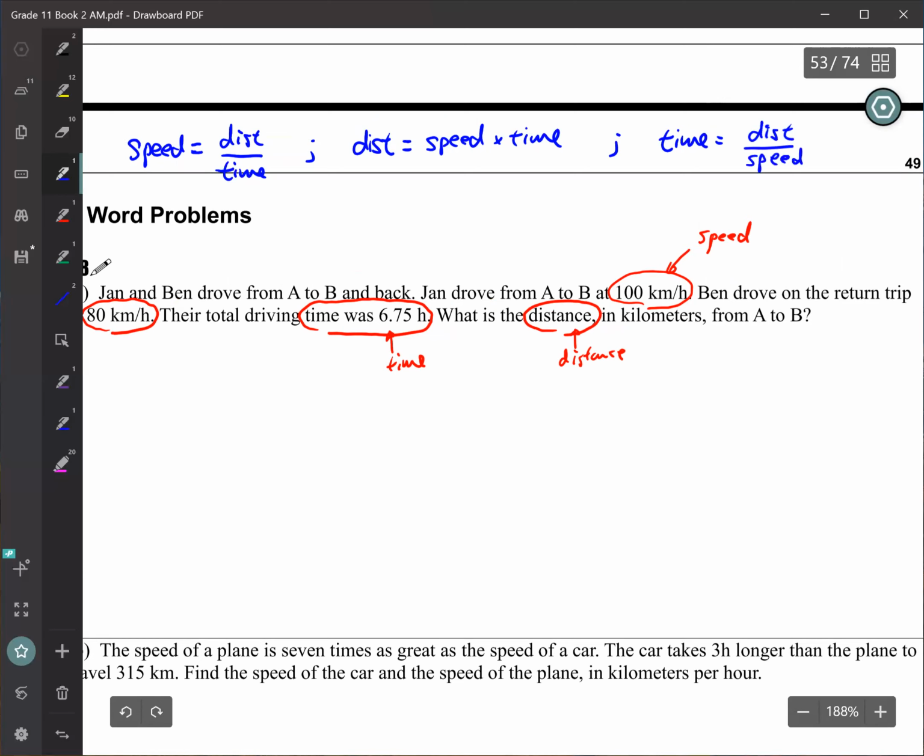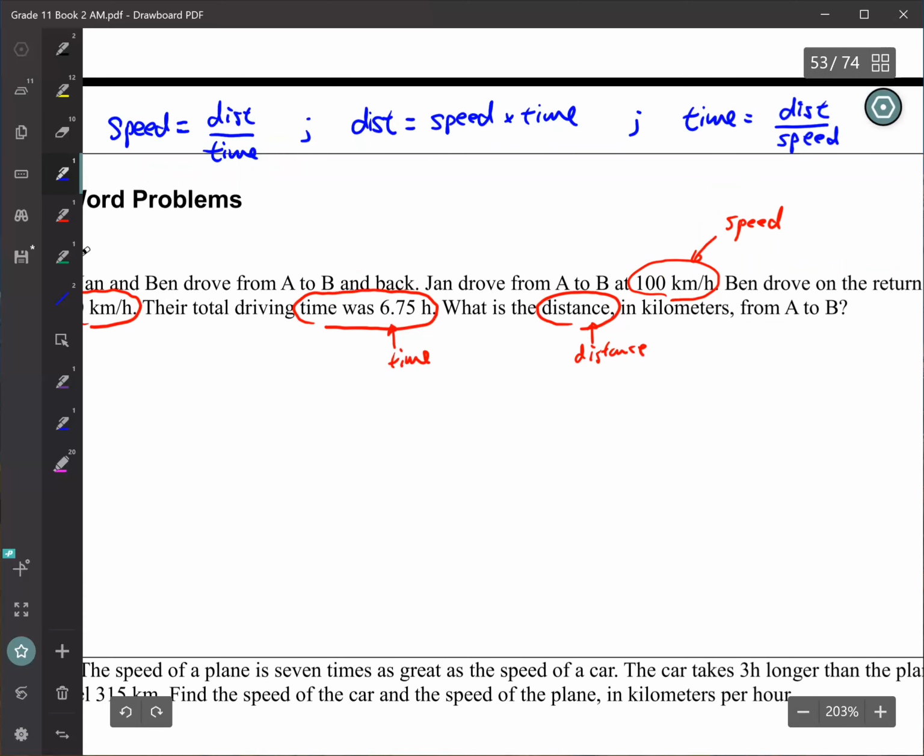Okay, so it may sound very confusing here, but if you understand why it works like that, then it's easier to remember. The way I would remember is we start with the speed. Let's take this 100 kilometer per hour as our example. This is the speed. What this speed means is every hour you can travel 100 kilometer.